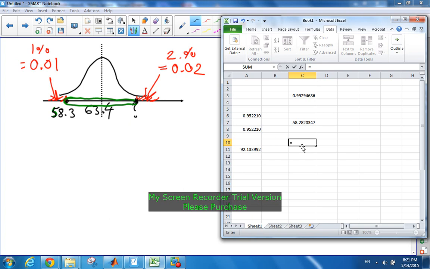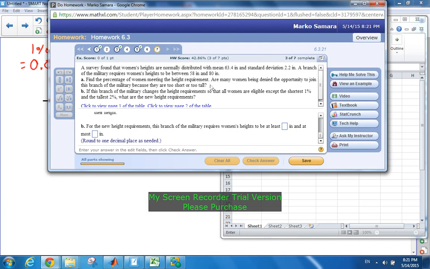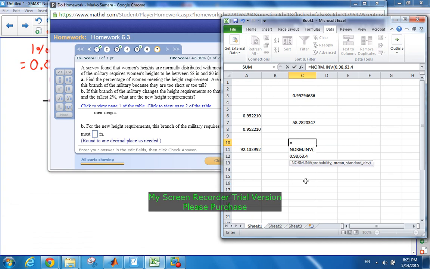That's our question. So norm dot inv of 0.98, comma, mean is 63.4. Let me just check whether it's 63.4. Yes, and deviation 2.2. So 63.4 comma 2.2. Okay, and that's our value. Let me just check both of them. Yes and yes. When we round this one to the nearest decimal, it's 67.9.